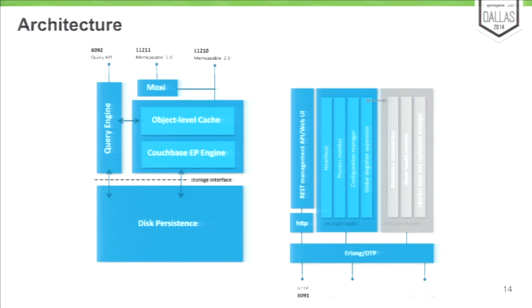Because we're using an append-only file system, there is a compaction process running in the background which you can configure, which cleans up those files and does all the housekeeping, basically. And then a little bit on the side here, there is this query engine, which basically creates B-trees for your indexing data.